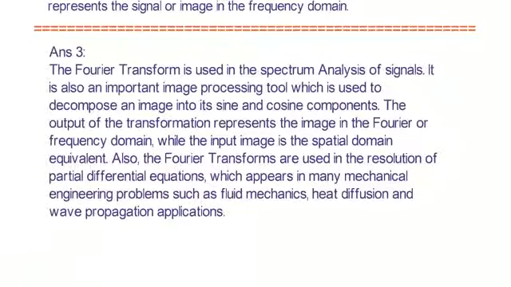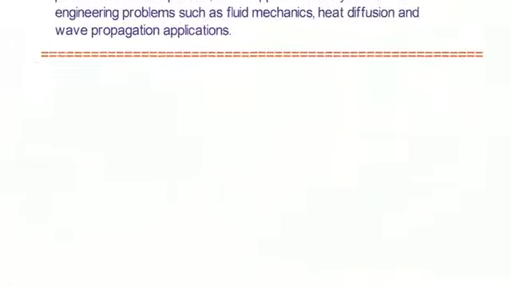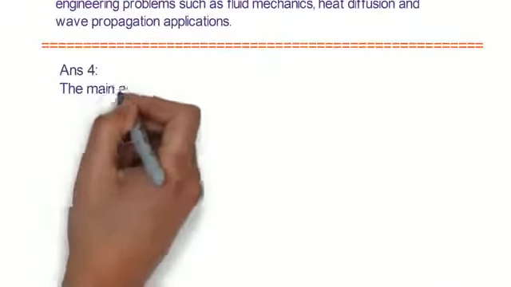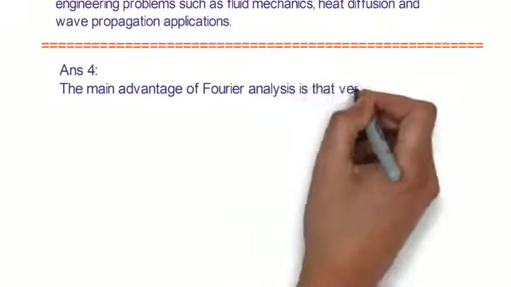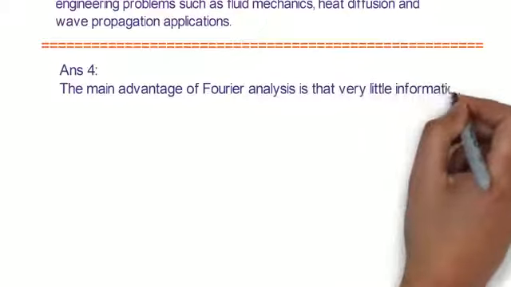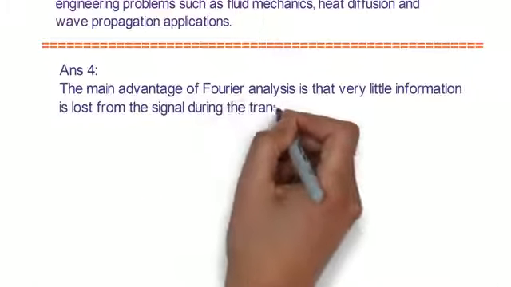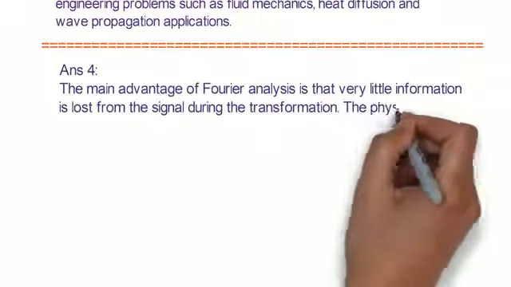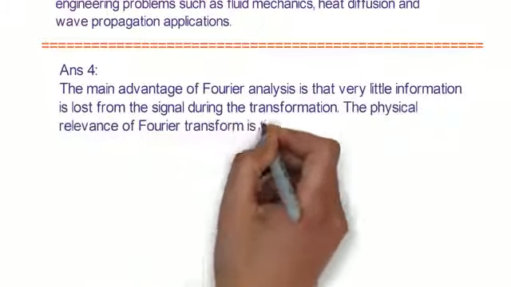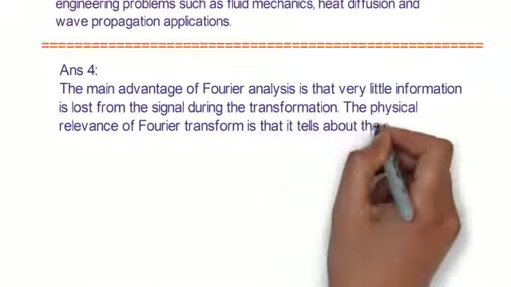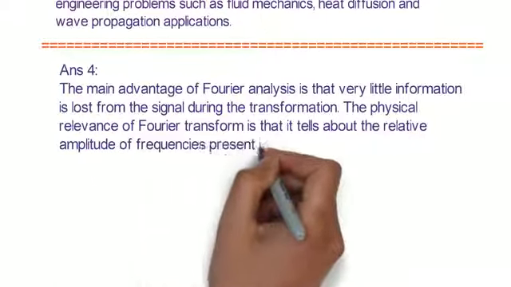Now we will study fourth question, why there is need of Fourier transform. The main advantage of Fourier analysis is that very little information is lost from the signal during the transformation. The physical relevance of Fourier transform is that it tells about the relative amplitude of frequencies present in the signal.